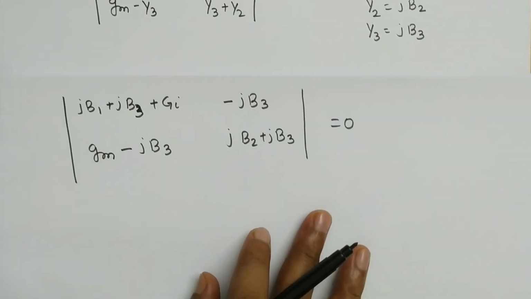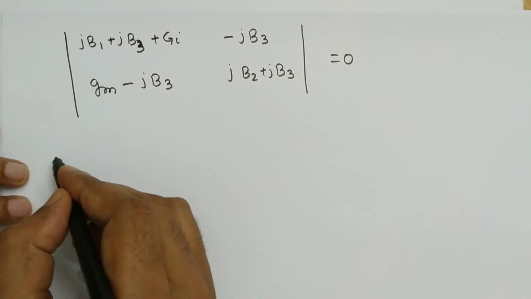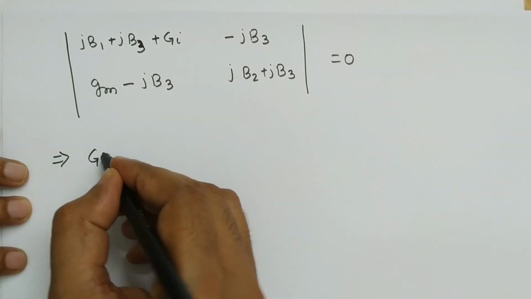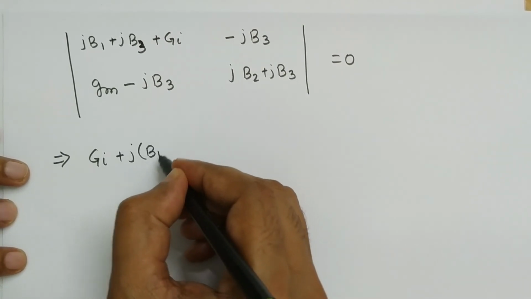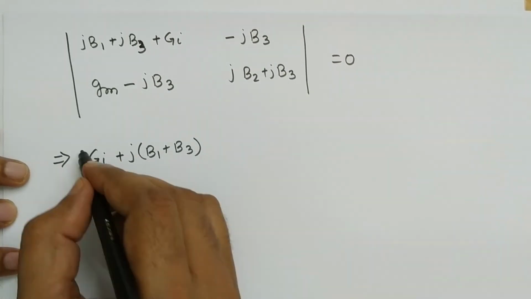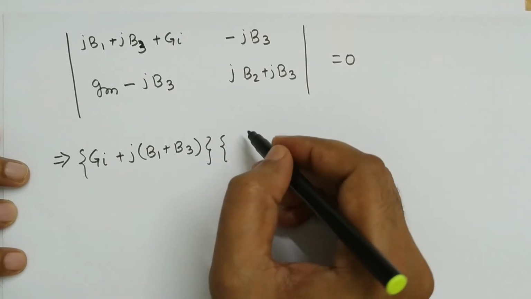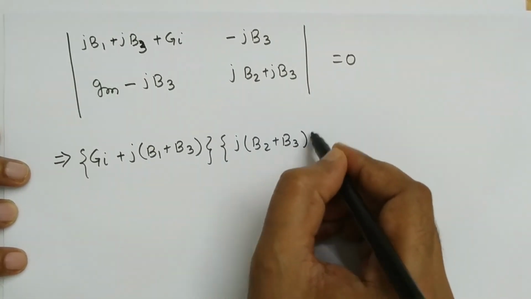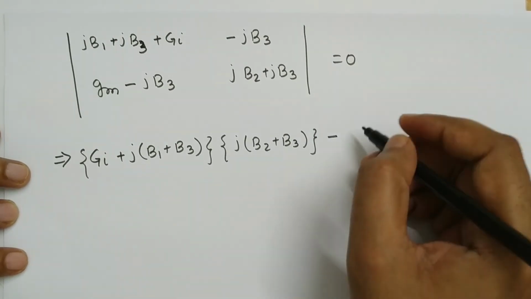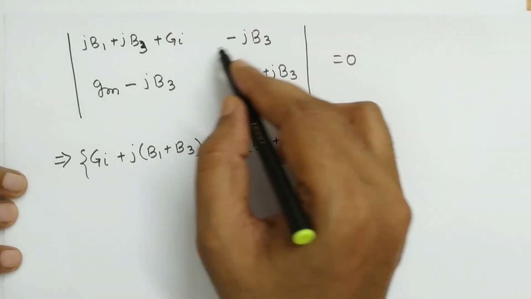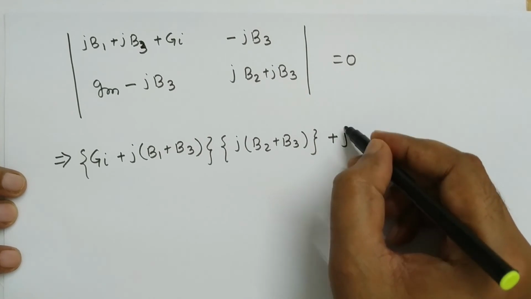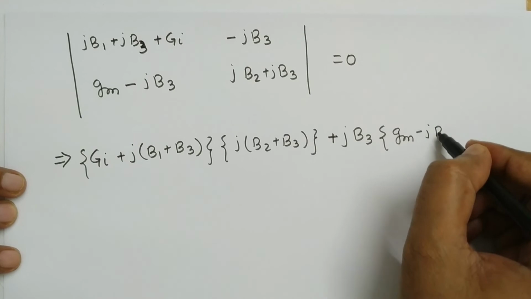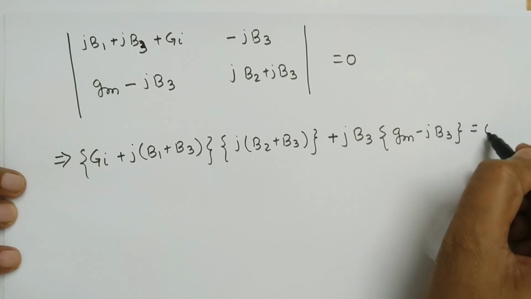Now let us take the determinant of this. So we are going to multiply these terms. Here Gi plus j(B1 plus B3) multiplied with j(B2 plus B3), minus, and this minus minus plus we can write plus jB3 into Gm minus jB3 equal to 0.